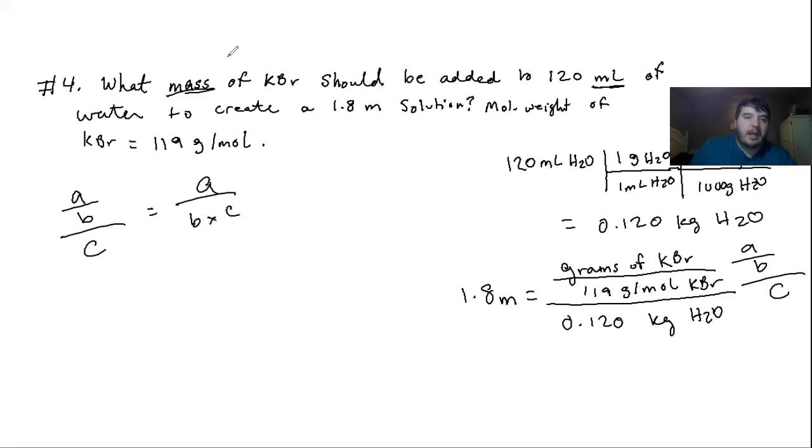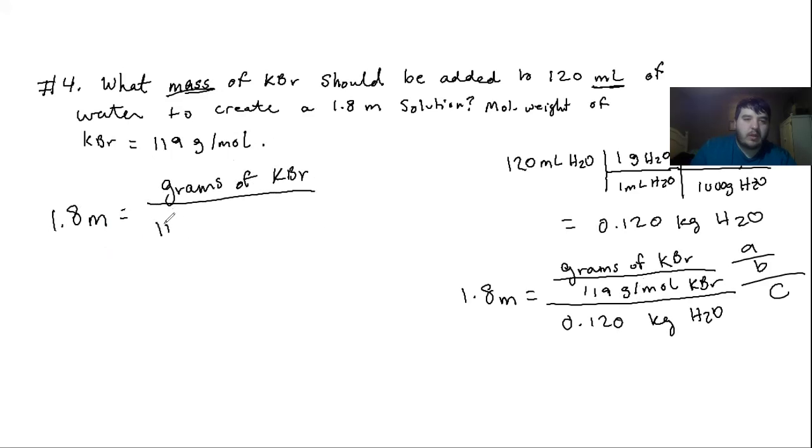So when I do that, I get 1.8 molal is equal to grams of KBr divided by 119 grams per mole times 0.120 kilograms H2O. Okay, now we're getting somewhere.